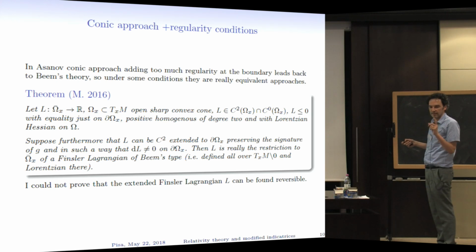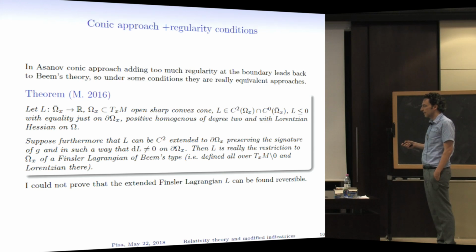Sharp means pointed, no affine line inside the cone, which is C2 inside, C0 up to the boundary, negative inside, 0 at the boundary, positive homogeneous of degree 2 with Lorentzian Hessian. This is Asanov's picture. But suppose that L is also C2 extendable, so that its Hessian, g, is Lorentzian also at the boundary, and in such a way that the differential of L is non-trivial at the boundary.